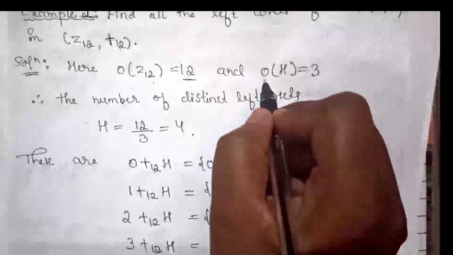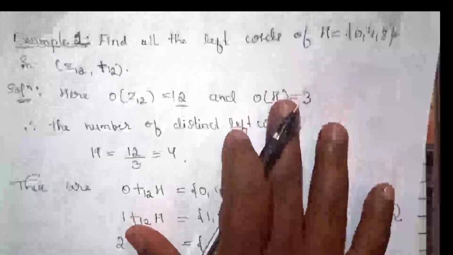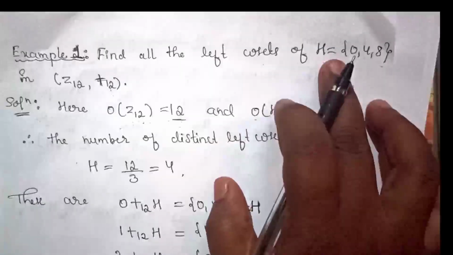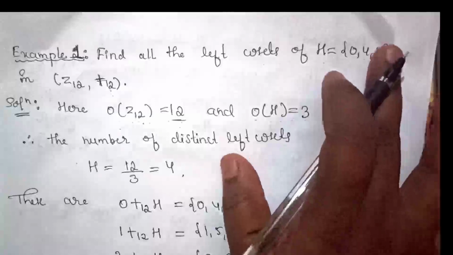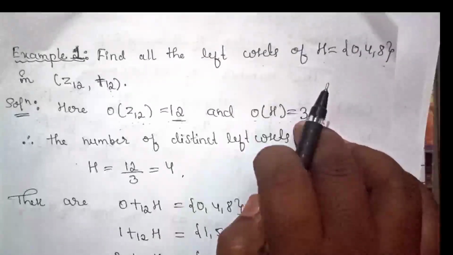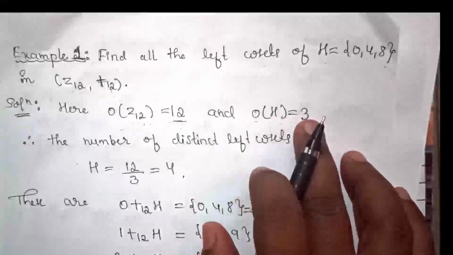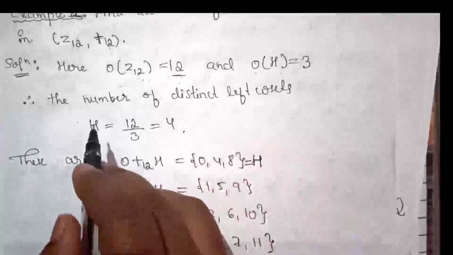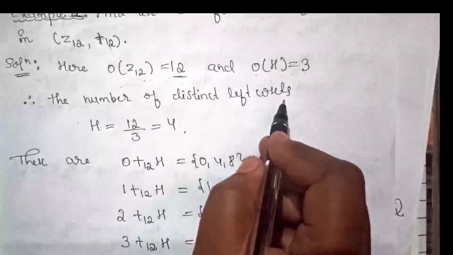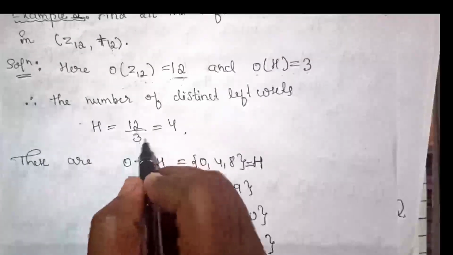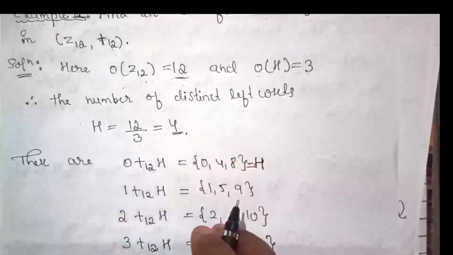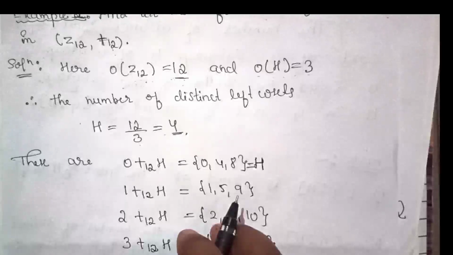See here, H is given by 0, 4, 8. Therefore here a total of 3 elements are there. Therefore the order of H is equal to 3. Therefore the number of distinct left cosets of H in G is given by 12 divided by 3 equals 4. Therefore we have to write only 4 different cosets.